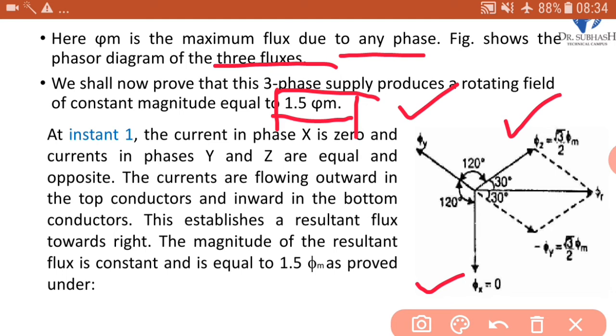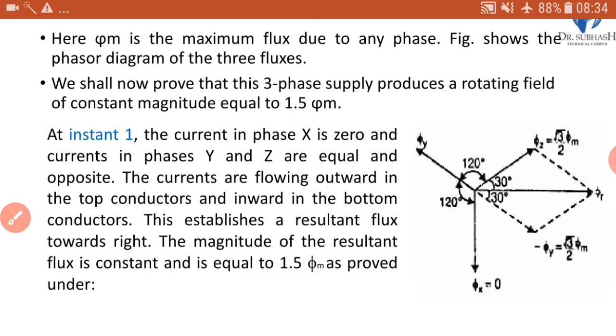For this proof we will discuss the 4 instants we have seen in the previous slide. At instant 1, the current in phase x is 0 and currents in phases y and z are equal and opposite. How can we see that?